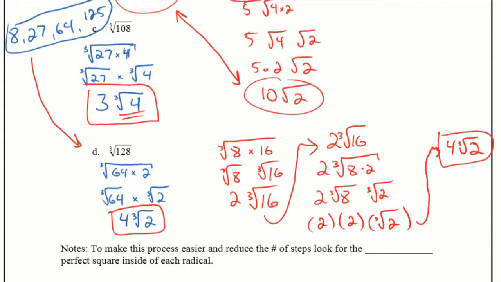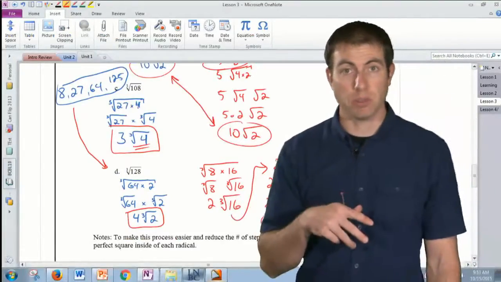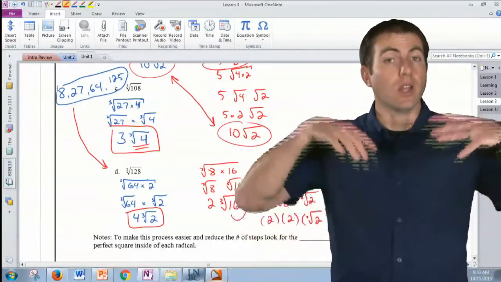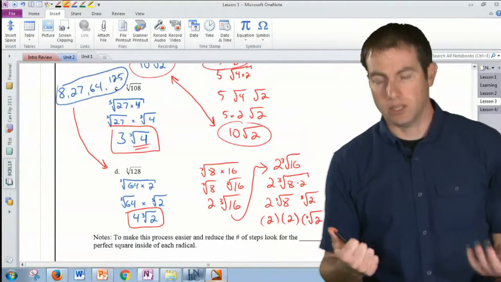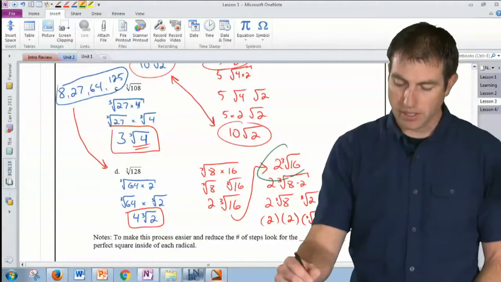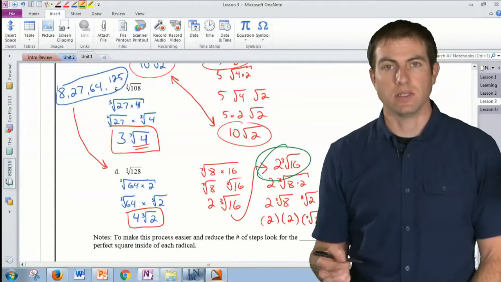So if you go through these questions and you pull out a perfect square, you pull out a perfect cube, and you didn't pull out the largest perfect square or perfect cube, it's fine. You get to your answer and you just need to recognize that there is a perfect cube that goes into that still.